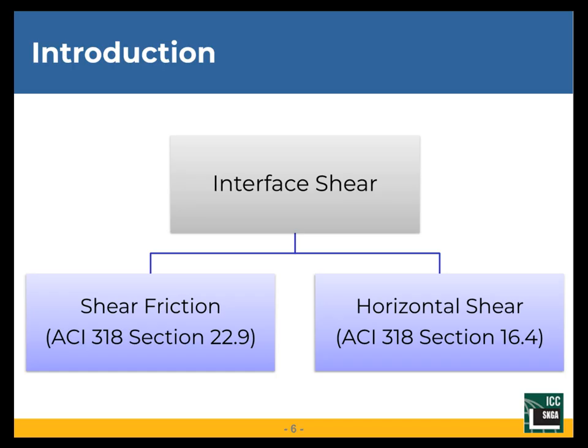Through the webinar today, I started with the shear friction side of it. I originally was just going to call this the interface shear webinar, but that's not a term used as often in ACI 318. It really encompasses both the traditional shear friction concept I just talked about in section 22.9, and also the horizontal shear section that we're going to touch on today, in section 16.4. They're very similar behavior mechanisms.